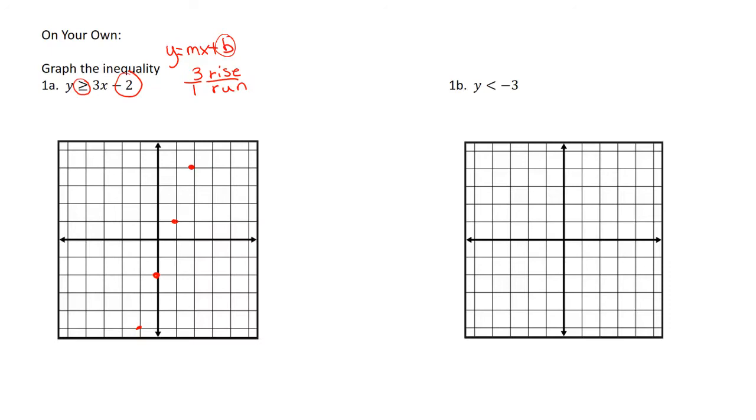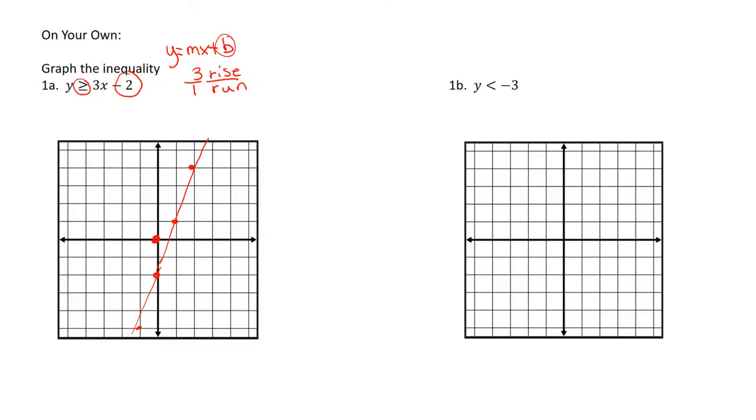So I'm going to try really hard to get a solid line. There we go, to go through there. All right, so here's my boundary line. Now it says y is greater than, so my instinct is to tell me that all this y side is going to be greater than, but I need to check a point to make sure. All right, so I'm going to try the origin again because that's a really easy one.